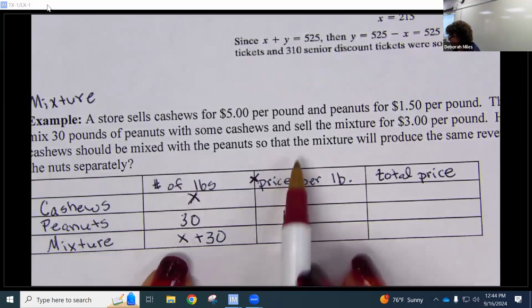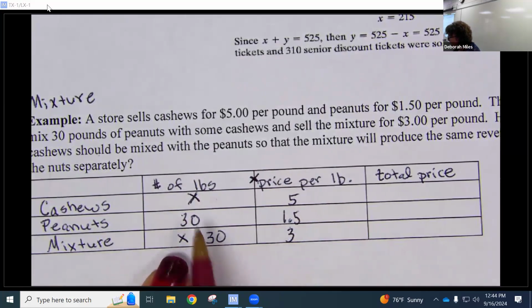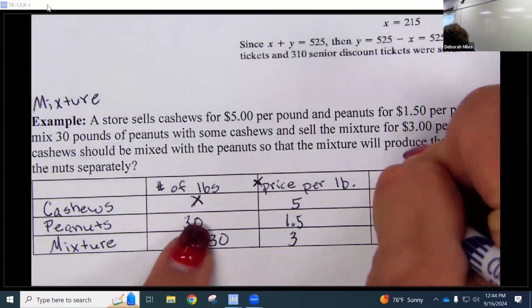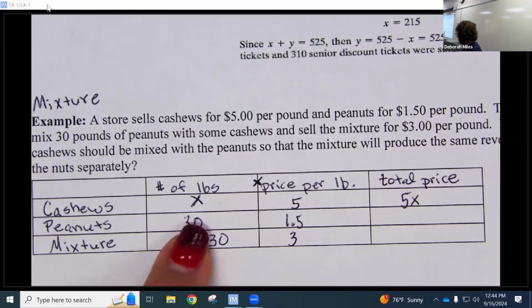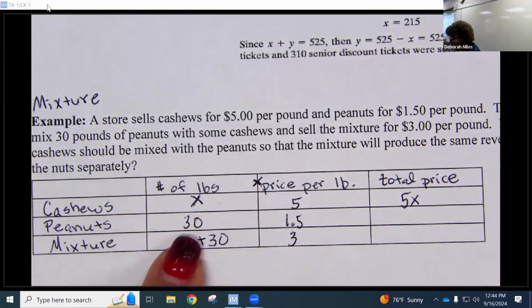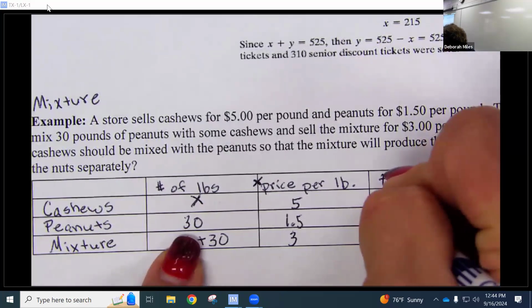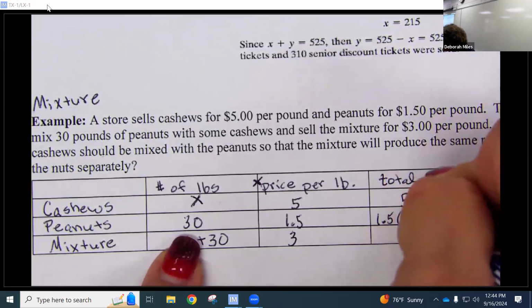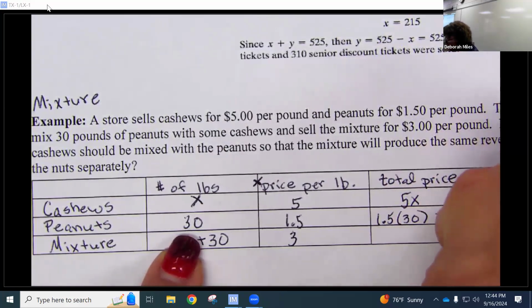X plus 30. If you don't use 2 variables, then you don't have to have 2 equations. Now we have these first 2 columns filled out. I could multiply straight across and get the total price of the cashews is 5 times X. The total cost of the peanuts is 1.5 times 30. I'm going to go ahead and tell you it's 45.